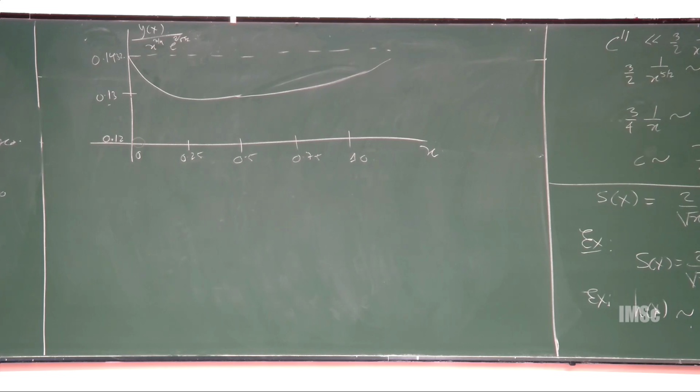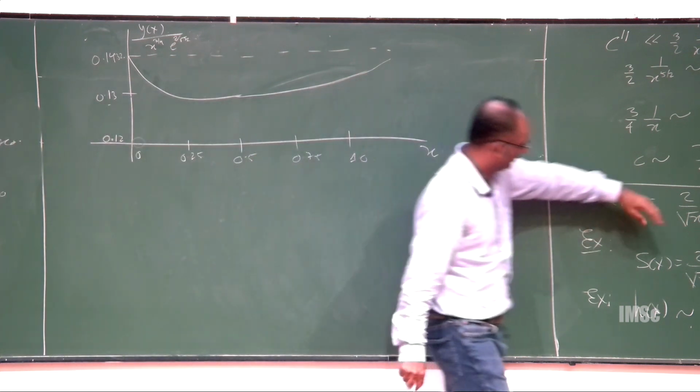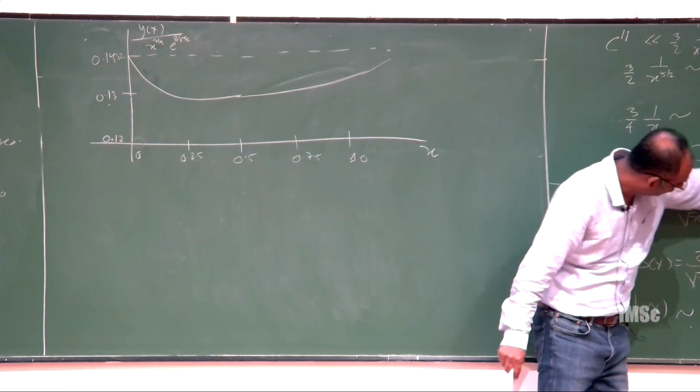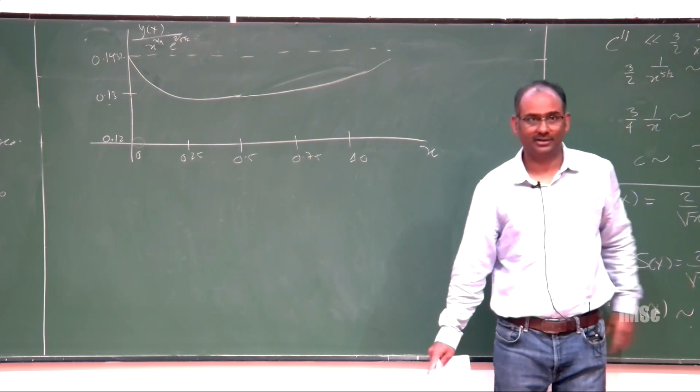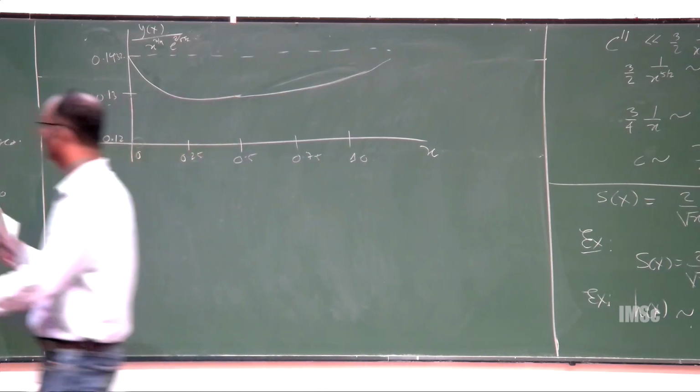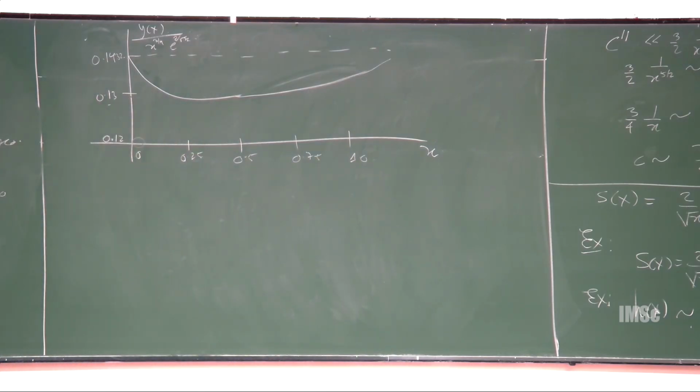These terms, this factor, okay, so you can see the pieces in S which do not go to 0 as x goes to 0, they give you the dominant behavior, the leading behavior. So this is the leading behavior of your solution, because that's coming from the terms which do not go to 0 in x.